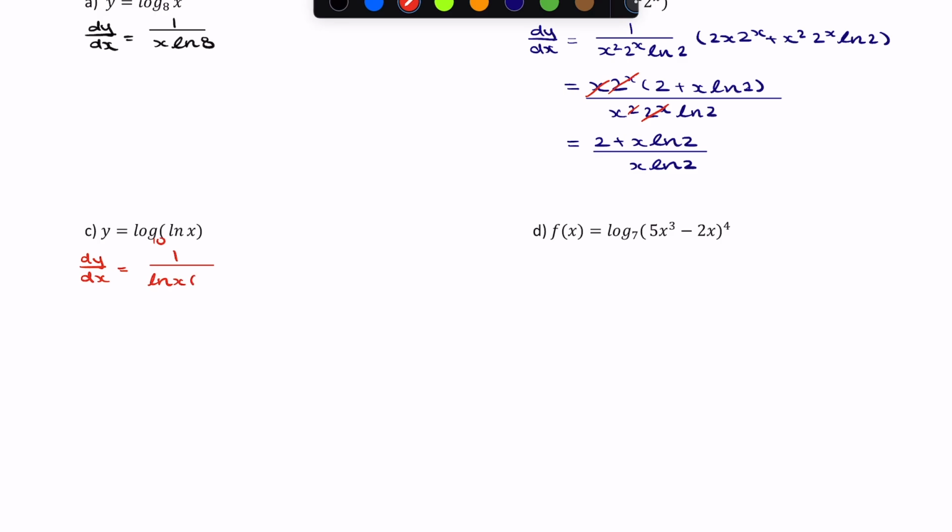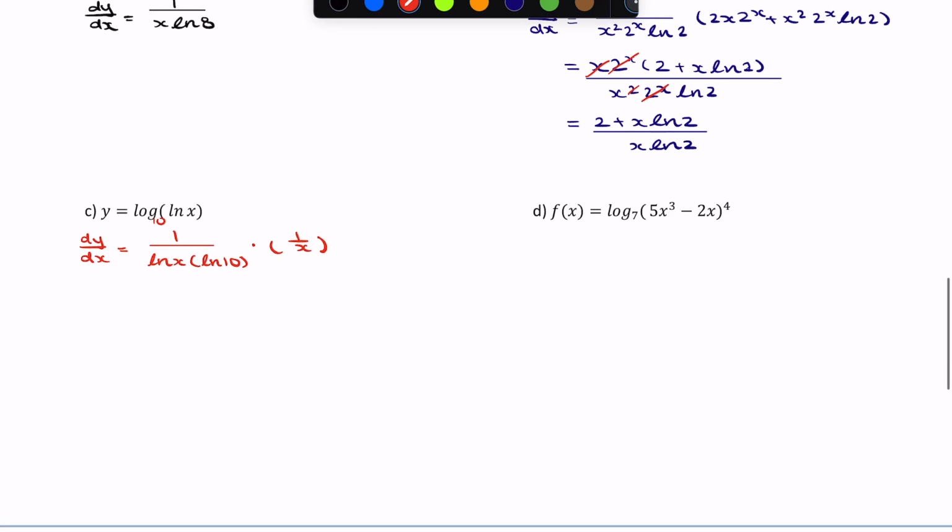So here we would write ln 10, and then we have to find the derivative of ln x, which is just 1 over x. So if we rewrite this, we get 1 over x ln x ln 10.